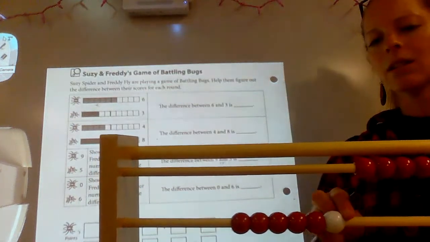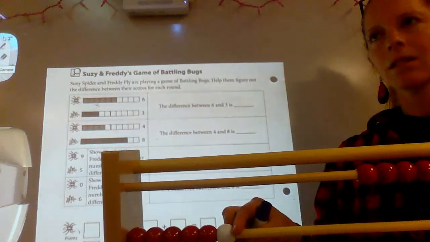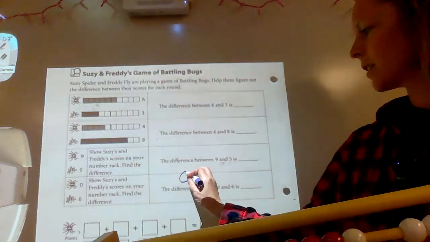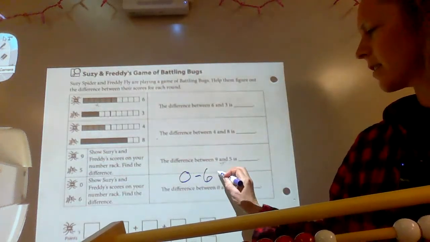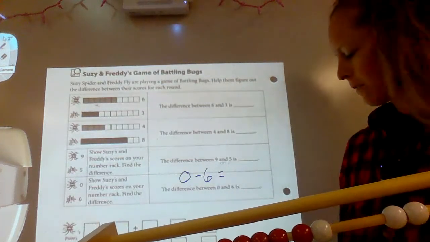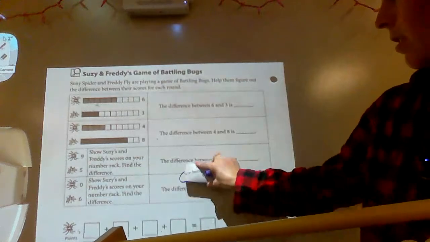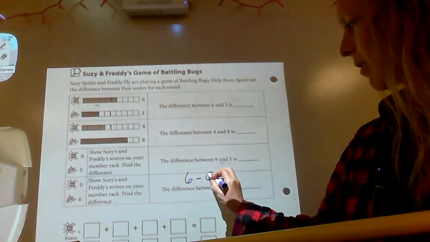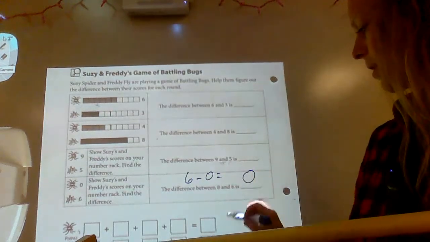Or can you take 0 away from 6? If we did 0 minus 6, can we answer that? Or do we have to flip it around? We have to flip it around. 6 minus 0 equals 6.